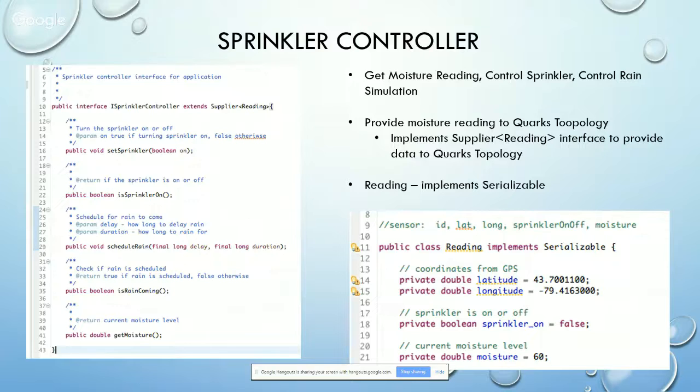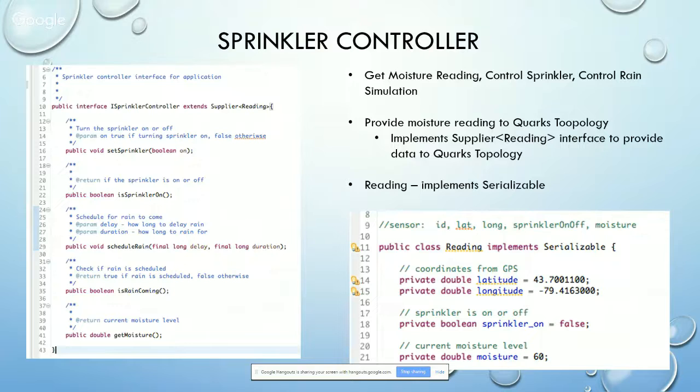In a lot of the examples that you will have seen in the Quarks community, the example will show you how to create a topology that reads sensor information as primitives, like doubles or floats. But on top of that, you can actually use a custom class to provide the sensor reading.